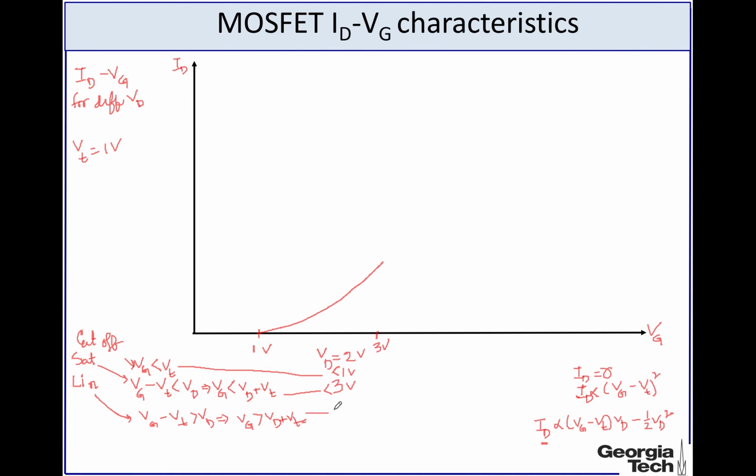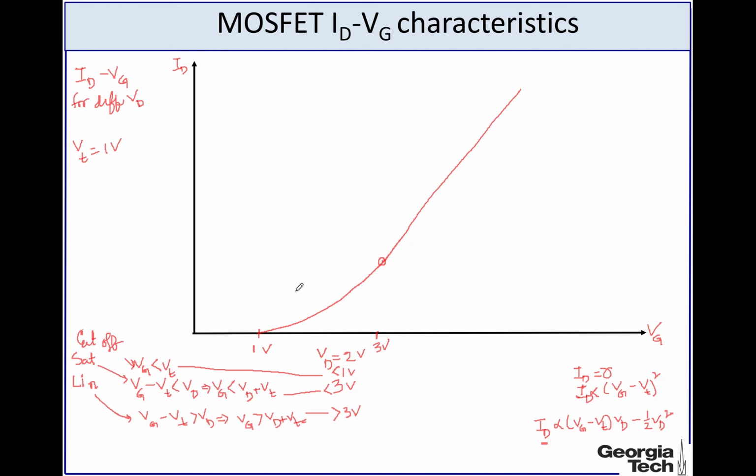And it will go into the linear region when Vg is larger than Vd plus Vt, which is larger than 3 volts. So above 3 volts, the current will simply be a linear function. Between 1 volt and 3 volts, it's in the saturation region, and here the current is a quadratic function of Vg minus Vt, and above 3 volts of gate voltage, the drain current will be a linear function of Vg minus Vt.